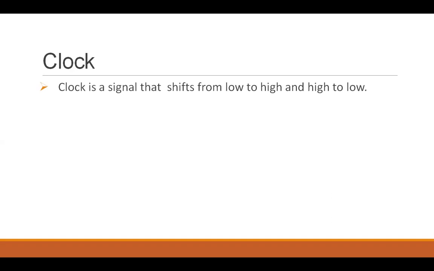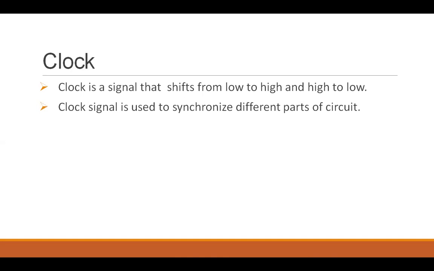When the clock is high, if the clock is sending the high voltage signal, the circuit becomes functional. And when the clock is low, the circuit is not functional. So you can say that the clock signal is used to control the JK flip-flop.